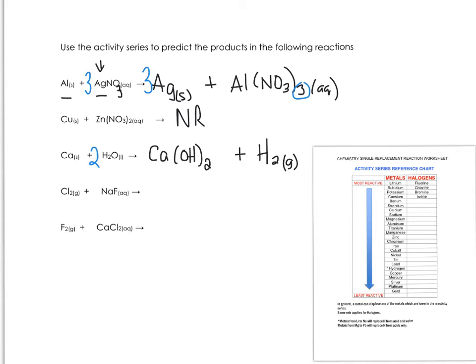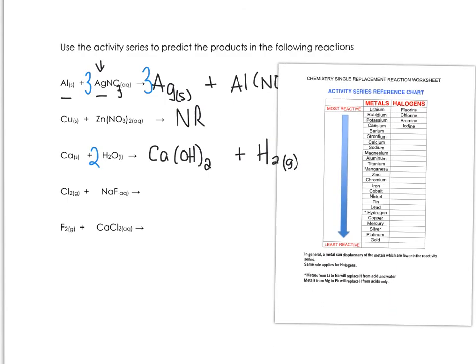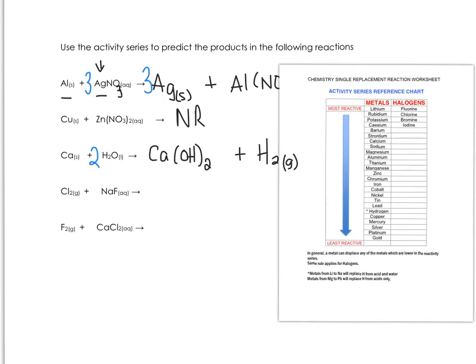The next reaction has to do with halogens, so we're going to use the second column. So we're going to look at the halogens. So if the element that's all by itself is higher than the halogen that's in the compound, then you will have a reaction.